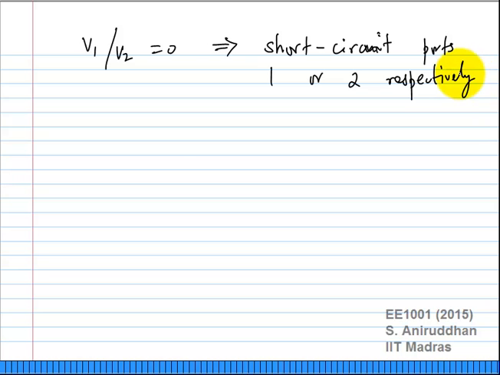That's why Y parameters are also sometimes called the short circuit parameters of the network. Any questions so far?